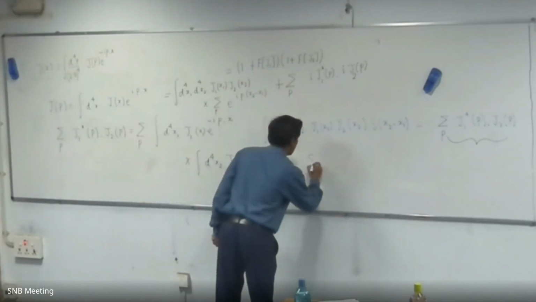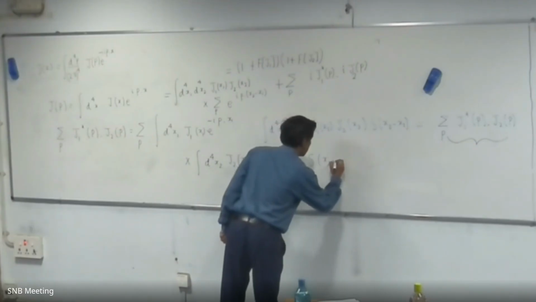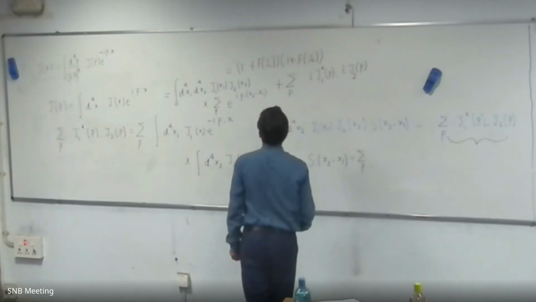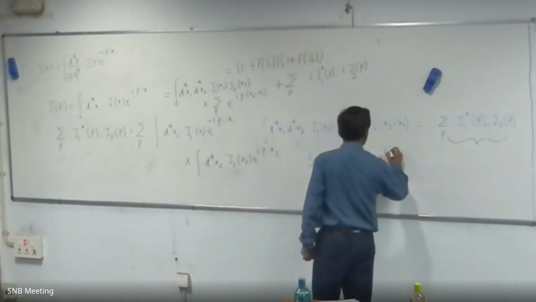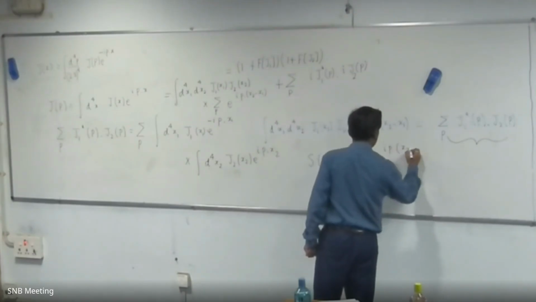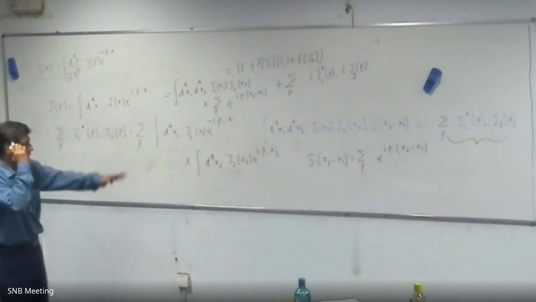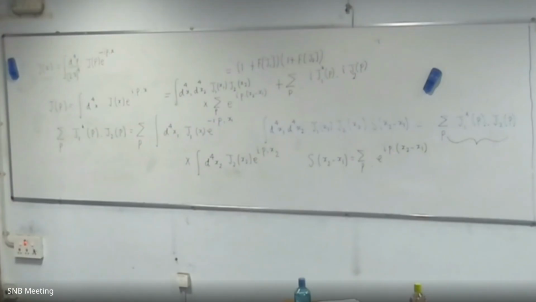S. S is what? S is basically summation over P e to the power of I P dot x2 minus x1. So our goal is achieved. We have found out what the form of this function S is.